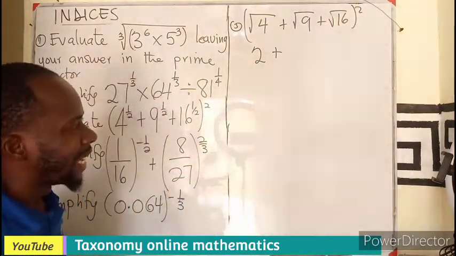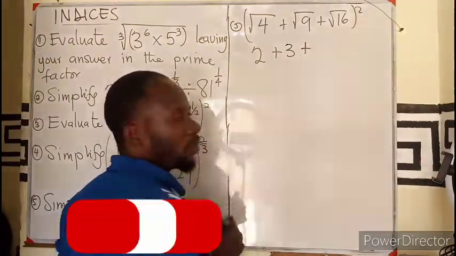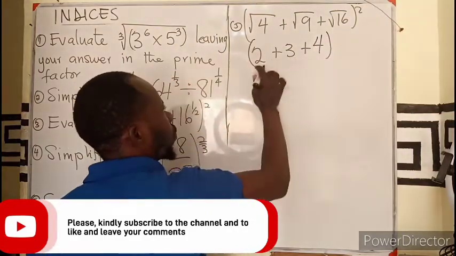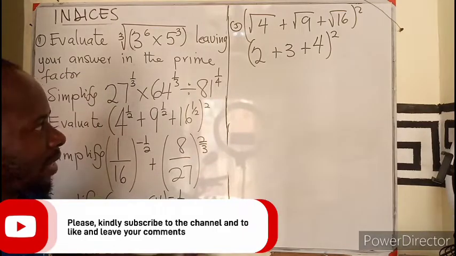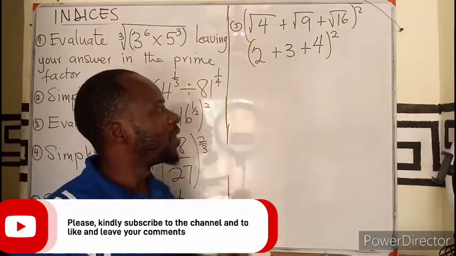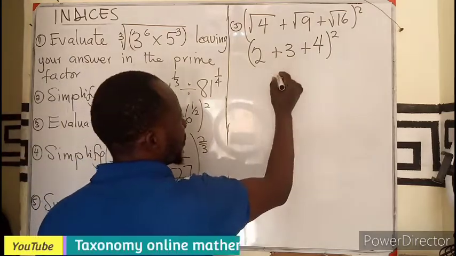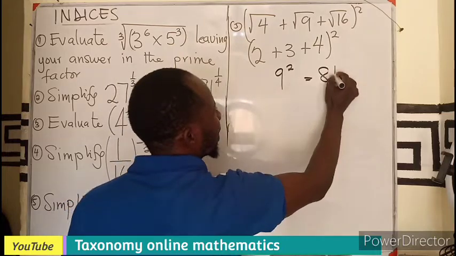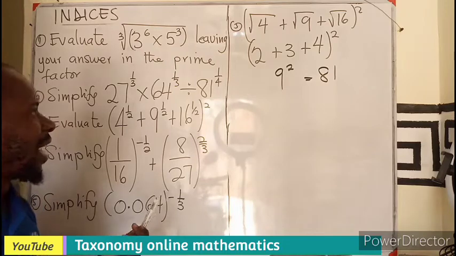The root of 9 will also give me 3. The root of 16 will give me 4. So I will have all these squared. What will happen if I add these? I get 5, and 5 plus 4 will be 9. So you're going to have 9 squared, and that will give us 81. So that will be our final answer if we are to do that.